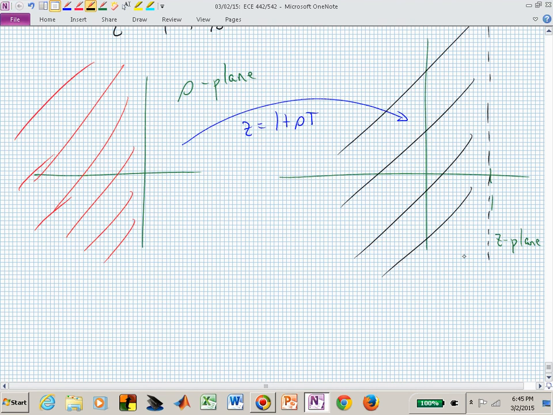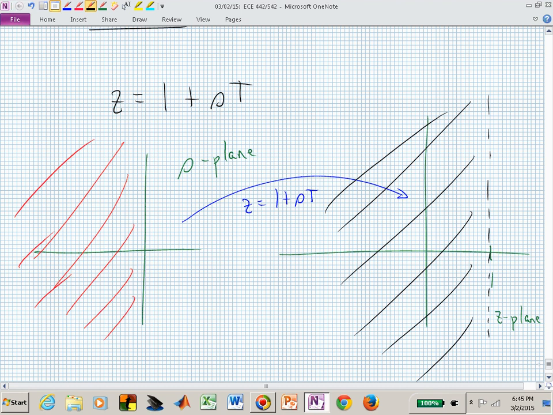Whoops, I meant to be a different color, but now we're over here, and does that preserve stability? Now we really wanted to be inside that unit circle for every point that's in the left half plane, and this forward rule does not.